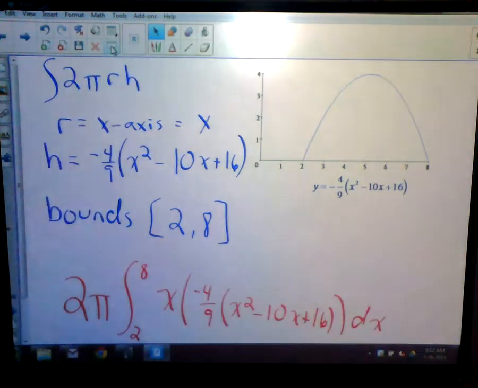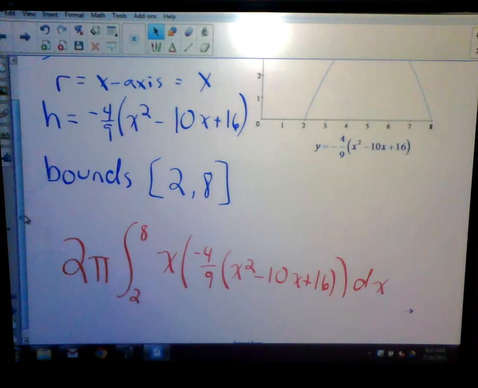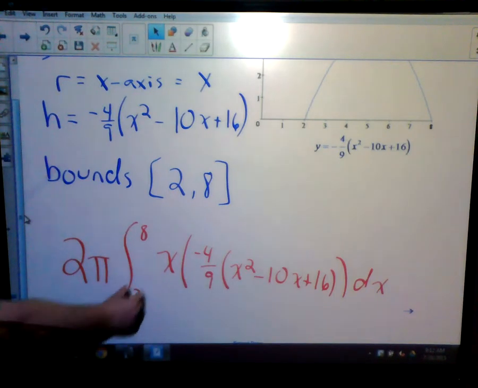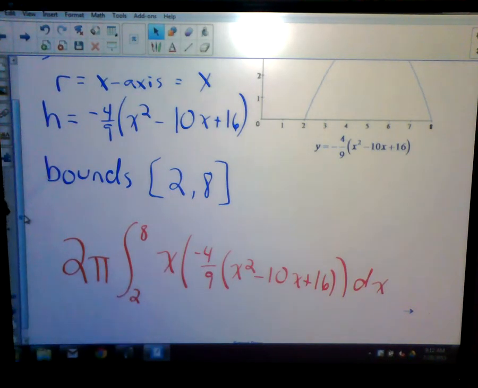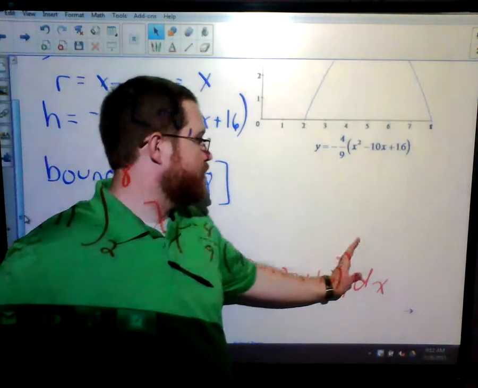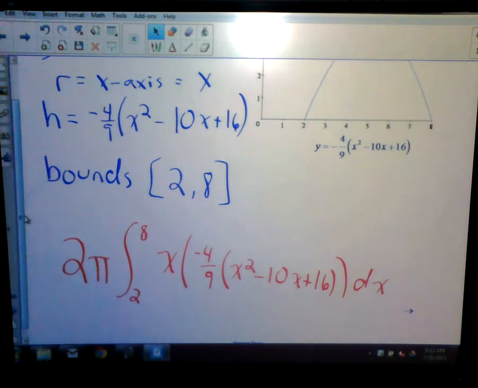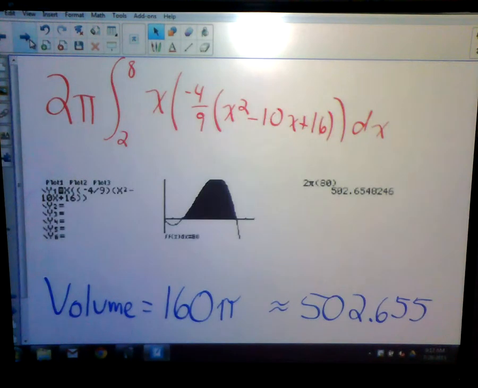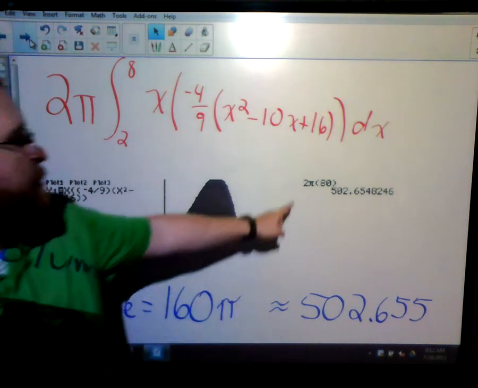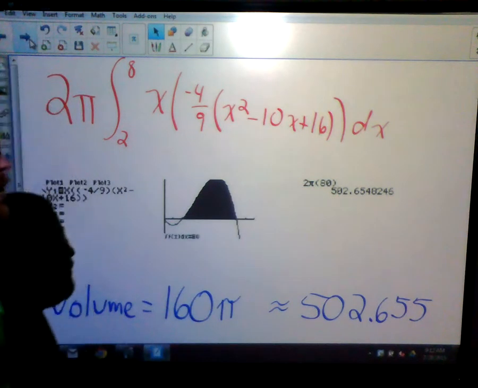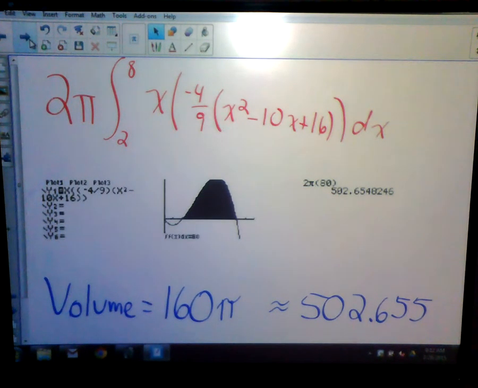So setting up this shell method problem is 2 pi, 2 to 8 are the bounds, x minus the axis, x minus 0 in this case, times the height, which is just the y equals part. Once you have it set up, it's a pretty simple integration problem, especially because I'll let you use a calculator on it. So, plug it into your calculator, second trace 7, you get 160 pi, or about 502.655.